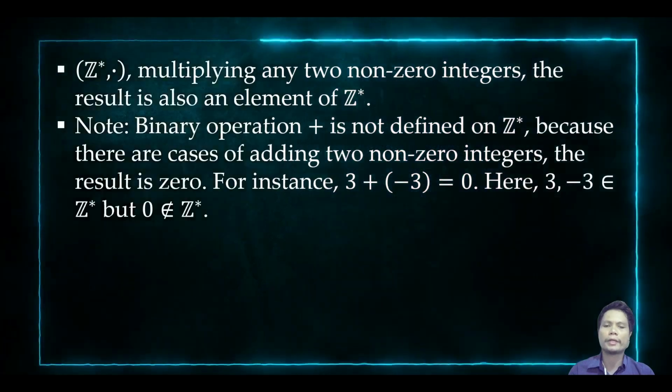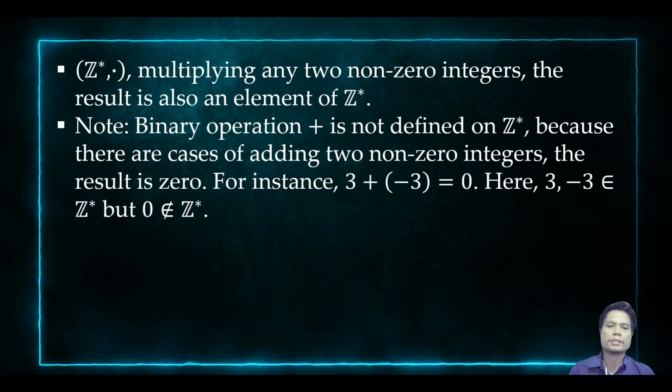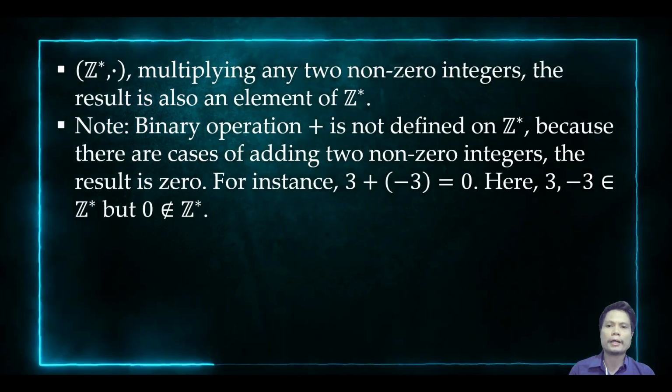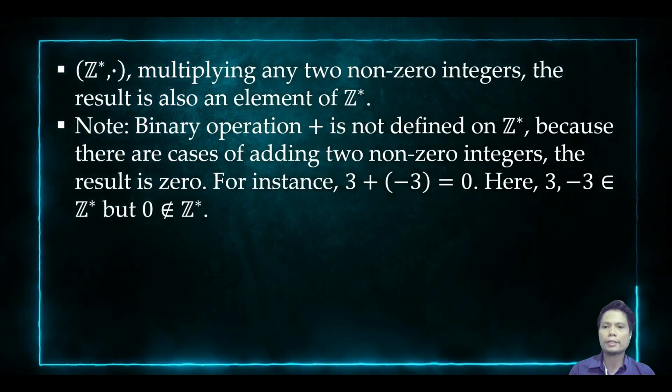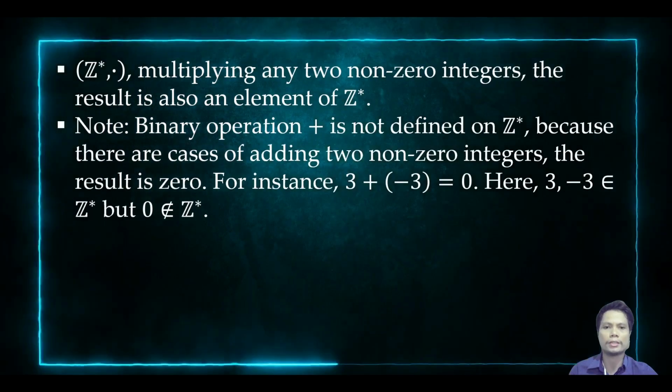For instance, 3 plus -3 is equal to 0. Here, 3 and -3 are elements of non-zero integers, but 0 is not an element of non-zero integers.